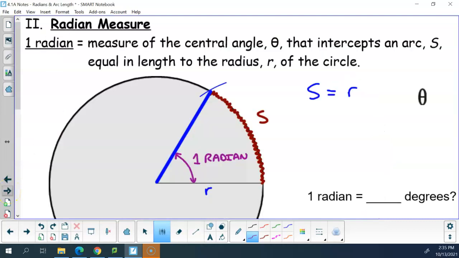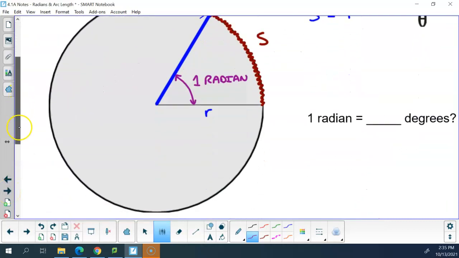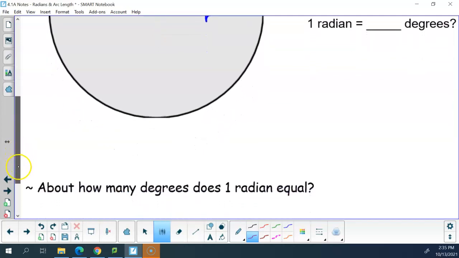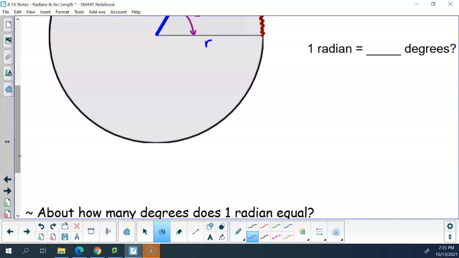So what you had told me before was that there were 360 degrees in a circle. And there are 2 pi radians in one circle.